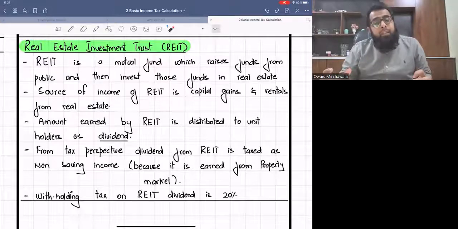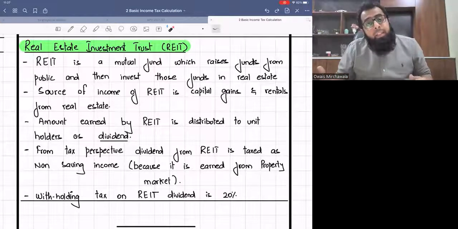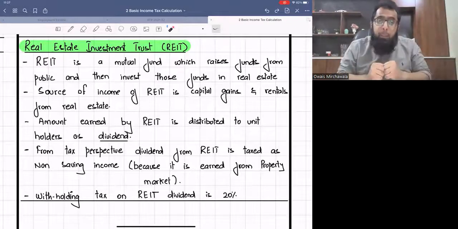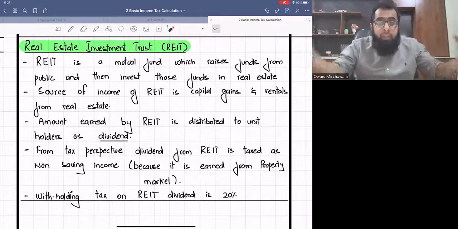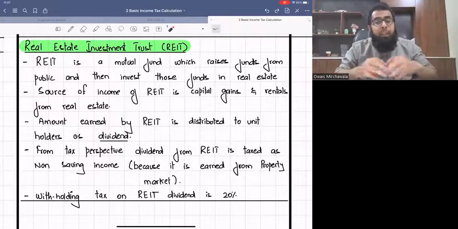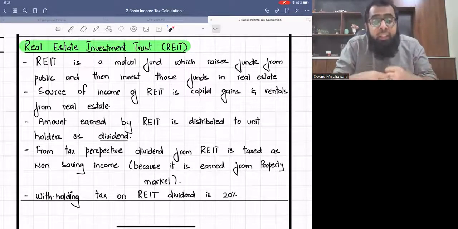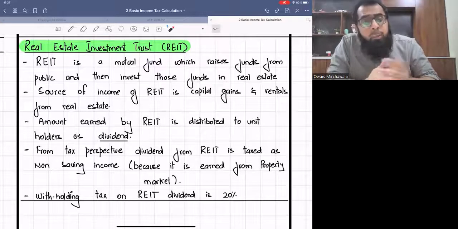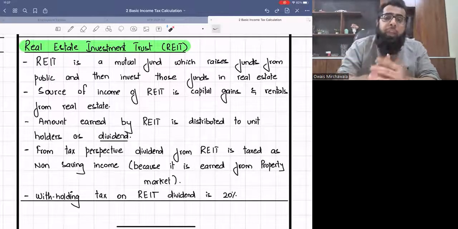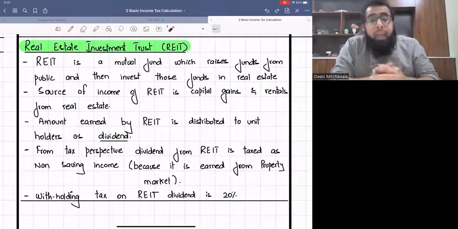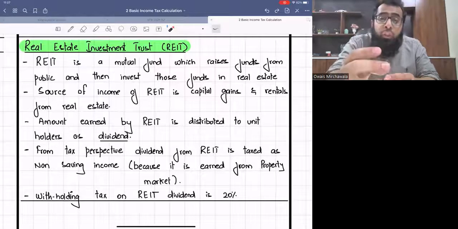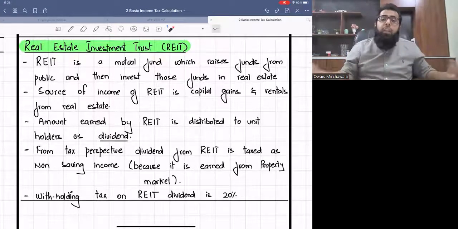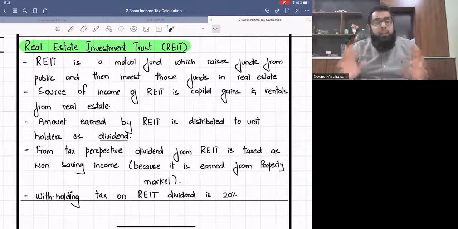Now, these real estate investment trusts raise funds from the people. It issues its shares. It issues its units. Like a real estate investment trust will come to you and they'll say, okay, give us the money and we are giving you the ownership in our fund. So everyone invests in these funds.